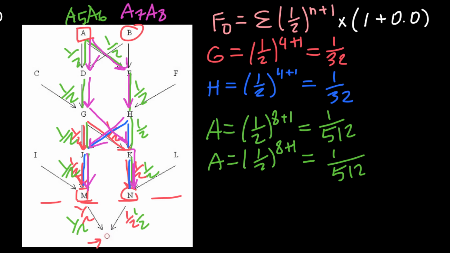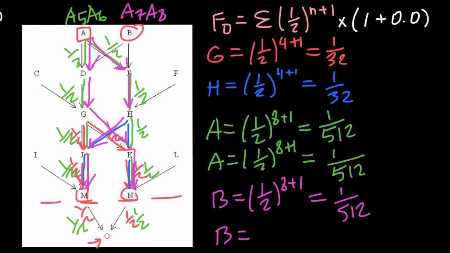So for individual B, we also have 1 half raised to 8 plus 1, which would equal 1 over 512, and the second loop would be the same, 1 half to the power of 8 plus 1, and would also be 1 over 512.